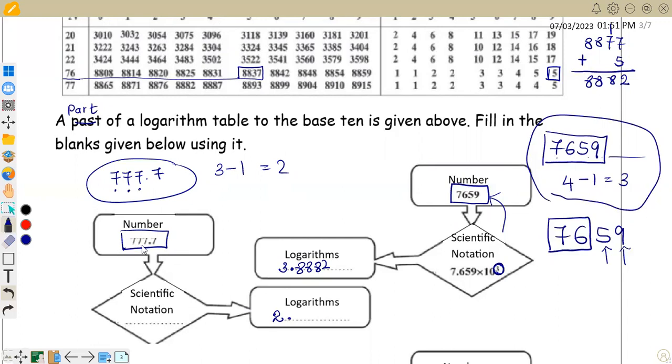Here it is 777.7. Only 2 digits should be shifted in the decimal place. That means 7.777. Then only 2 digits were shifted. That means 10 to the power of 2.